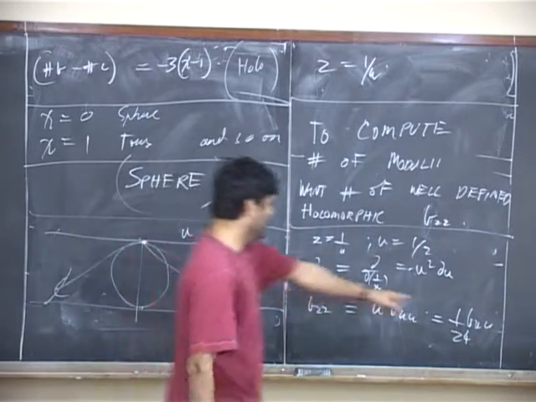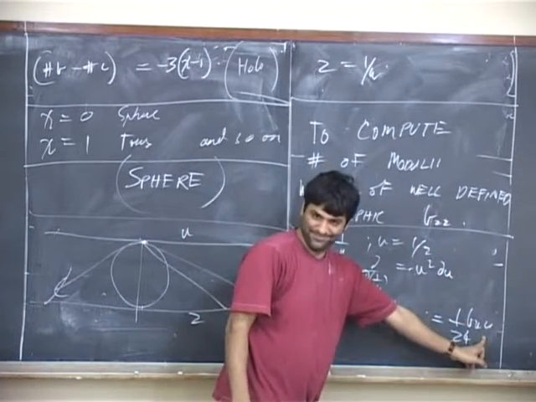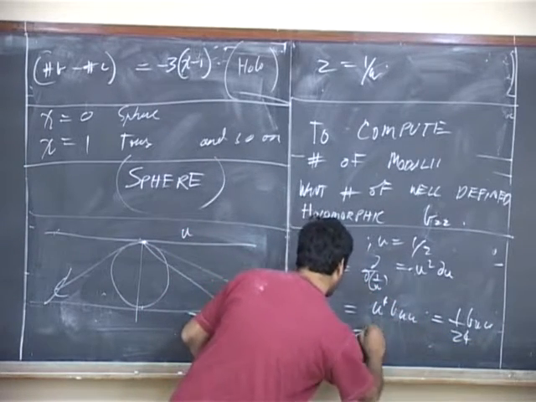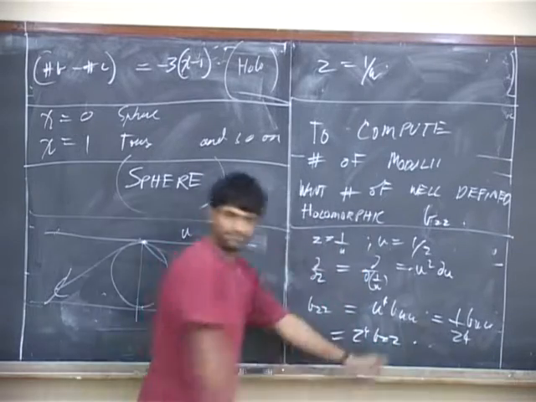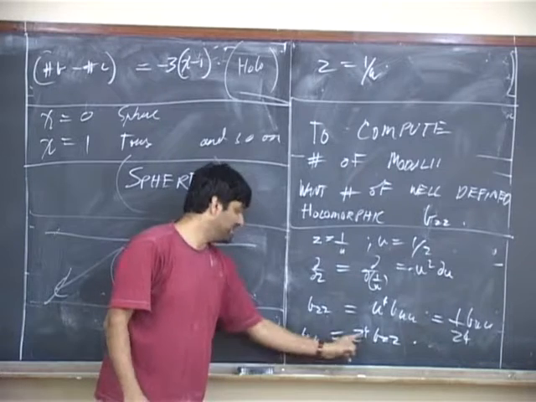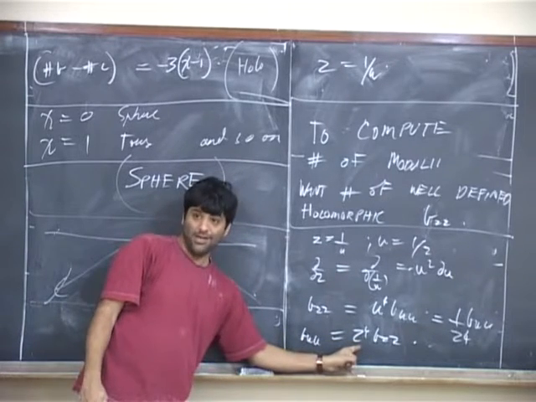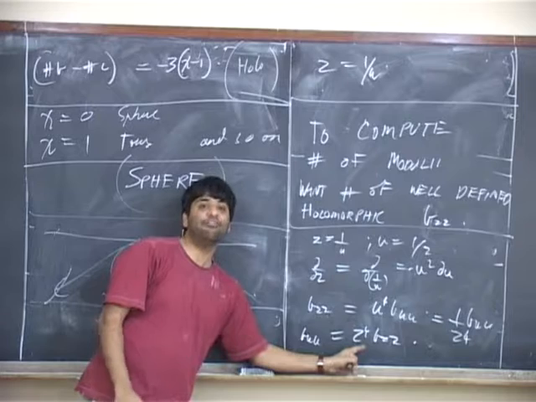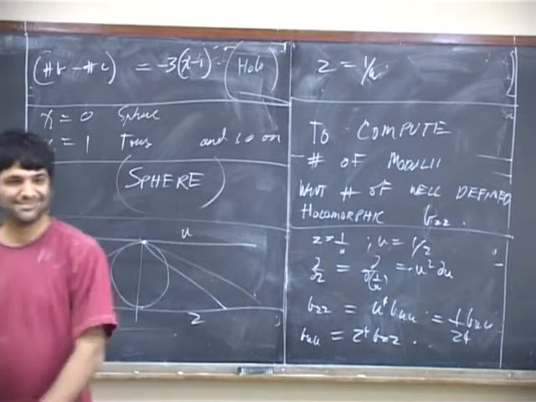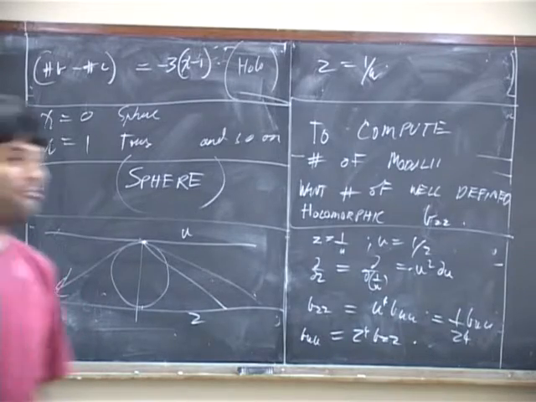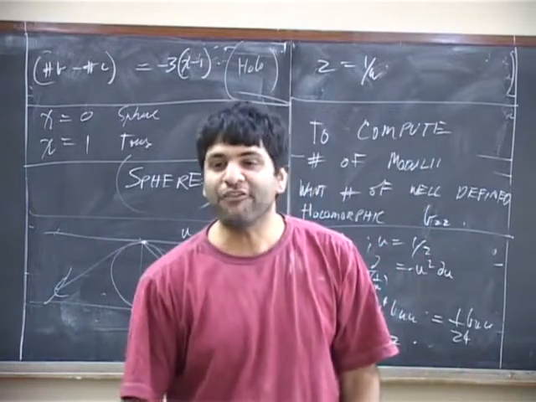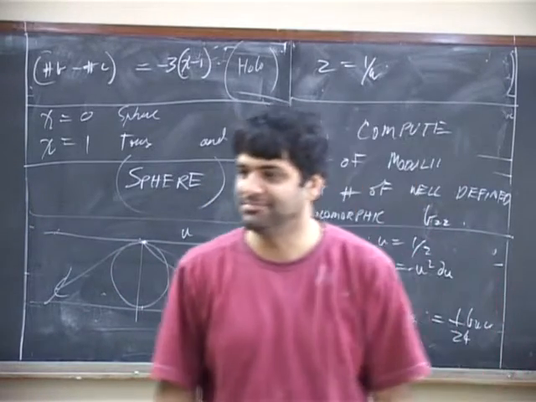Okay, we want B_uu to be well defined. So let's write B_uu equal to z to the 4th times B_zz. We want B_uu to be well defined at infinity, but there's this explicit factor z to the 4th, which tells us that B_zz must die off at least as fast as 1 over z to the 4th. Therefore, B_zz must be an analytic function which dies off at infinity like 1 by z to the 4th.